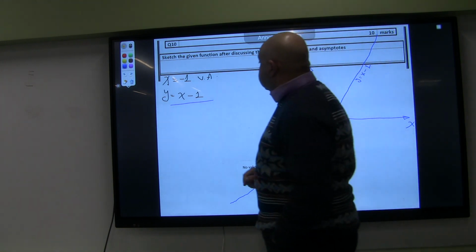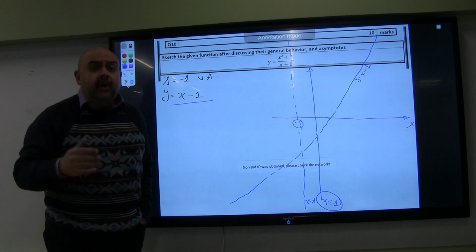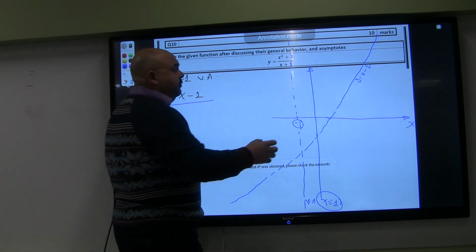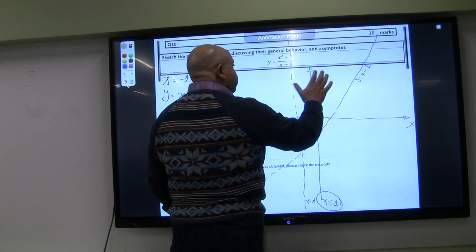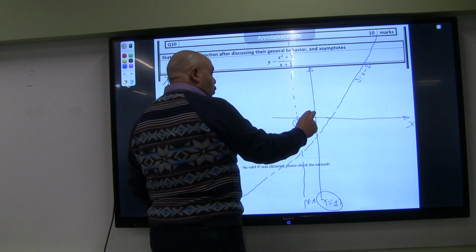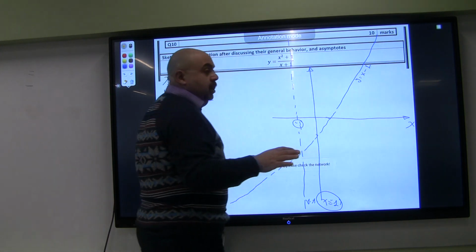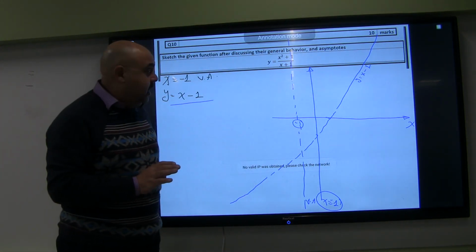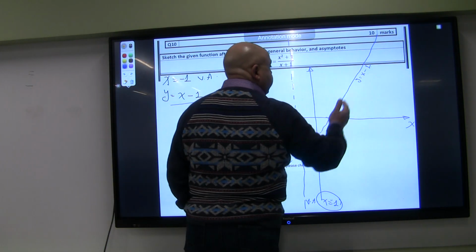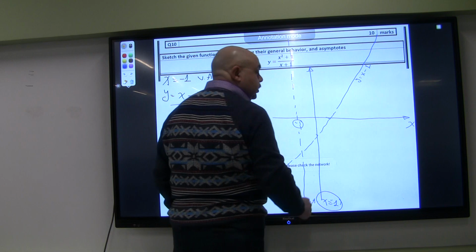All I have to do is to speculate where the function is going to be. If your function is between these two lines, it will move between them, but it will never intersect any of these lines. If it was under the inclined asymptote, it will also have to move beside your inclined asymptote.